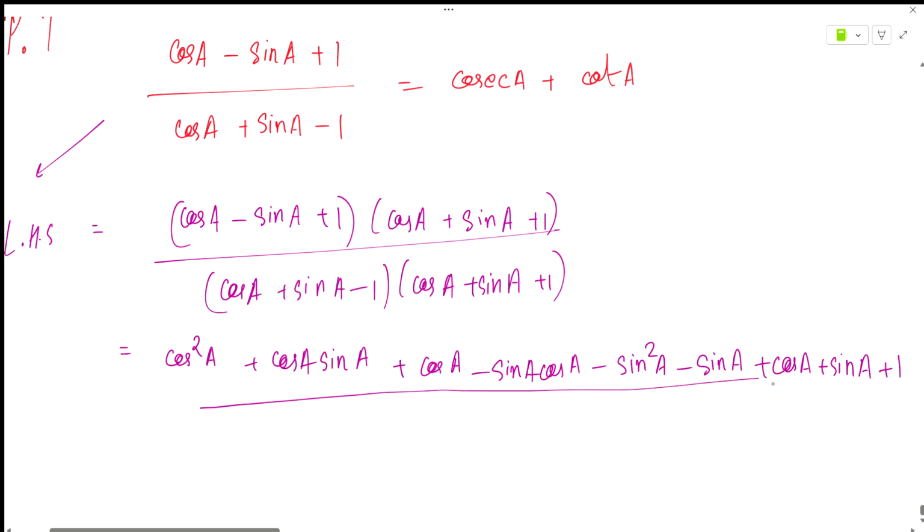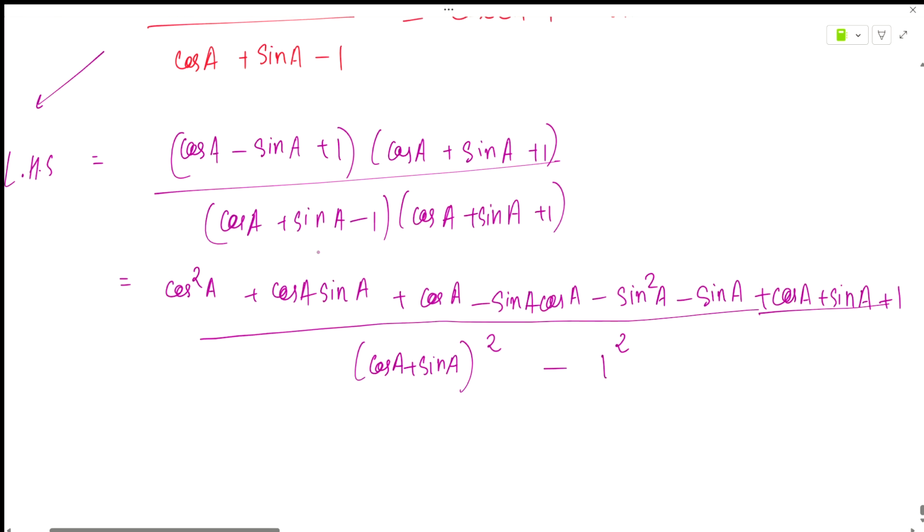On the bottom, a minus b into a plus b is a square minus b square. Cos A plus sin A whole square minus 1 whole square. Now if you see cos A sin A minus cos A sin A gone, then you can see minus sin A and plus sin A gone.